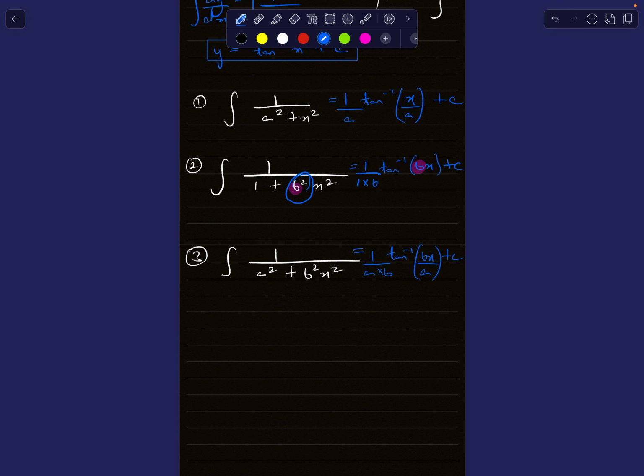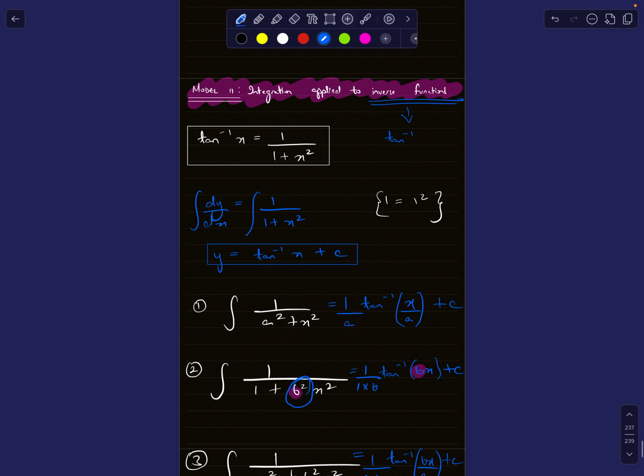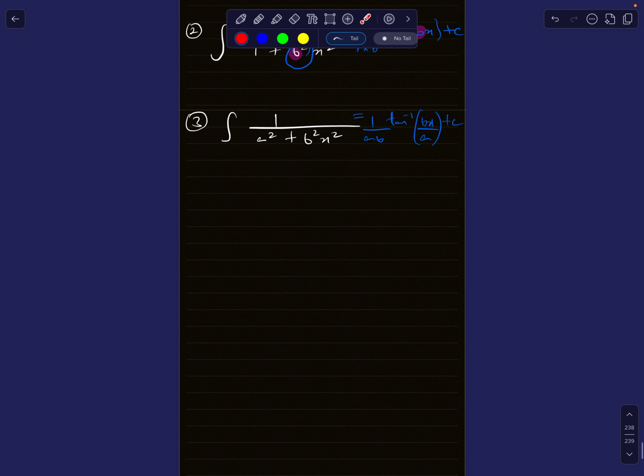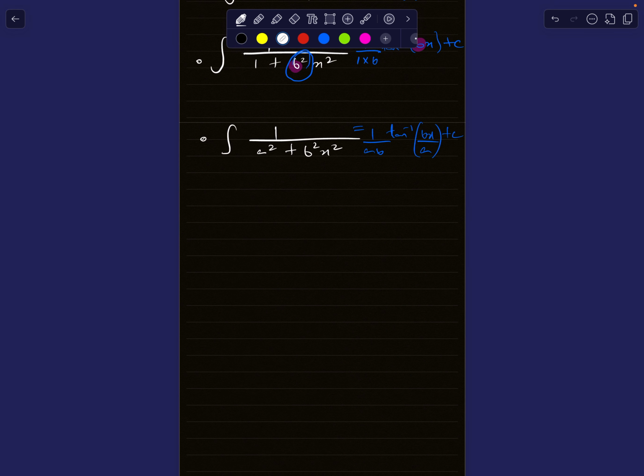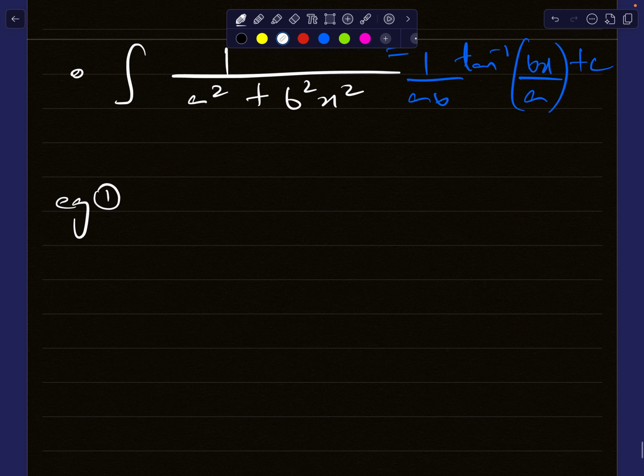Alright, so now we do have the three basic sub-concepts when it comes to integration applied to inverse functions. We move on and now take numeric examples. Let's write this down as pointers since these are sub-concepts, and then moving on, our first example.